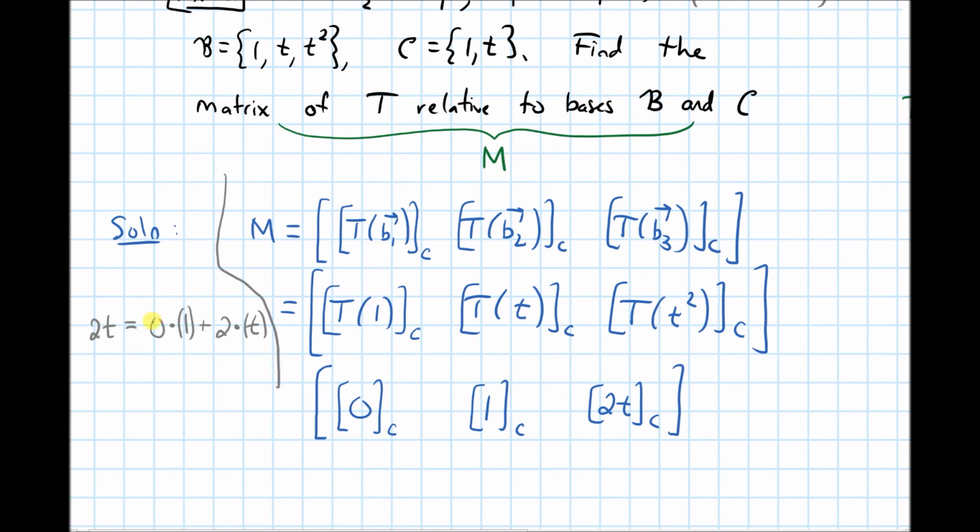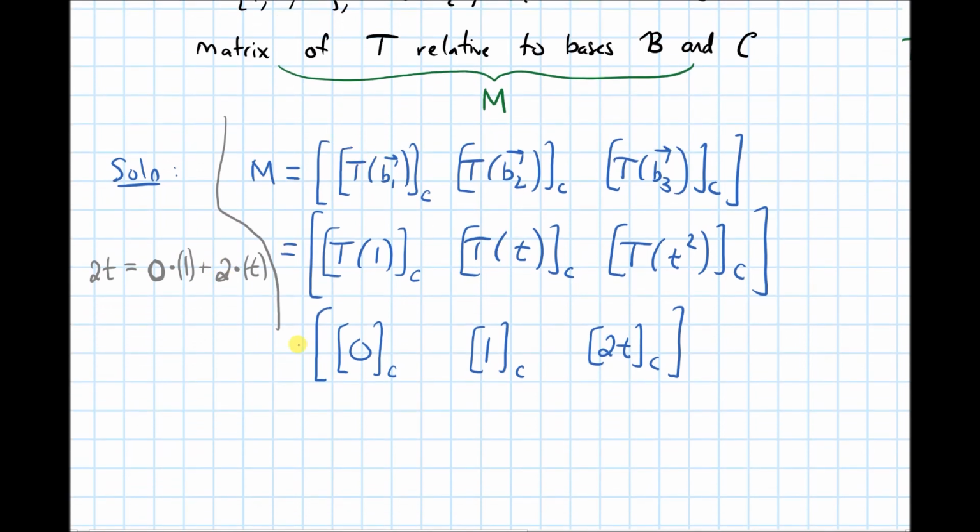Notice that the weights are the 0 and the 2, and those are going to be the entries of my coordinate vector. So the coordinate vector that 2t becomes is 0 first and then 2 second. If we did that same thing for 0, well, 0 is definitely going to be 0, 0. And then the coordinate vector for 1 would be 1 for the constant term coefficient, and then 0 for the coefficient of t.